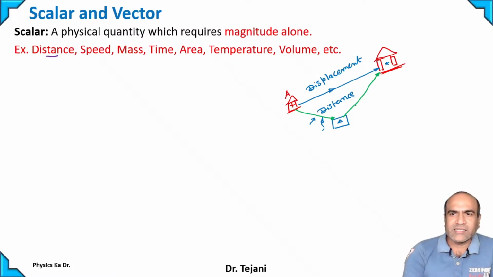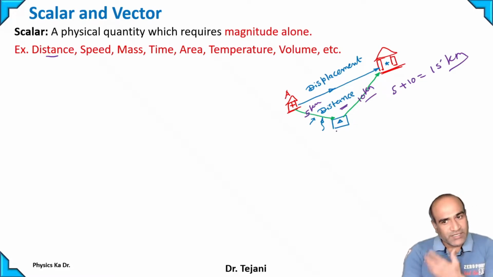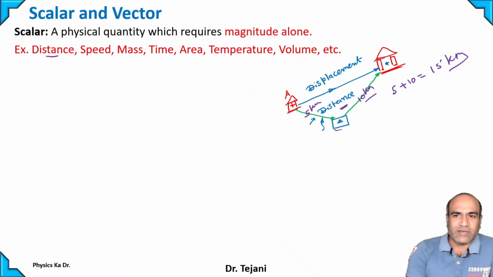See, distance requires only the total. Say for example, this is 5 kilometer and that distance is 10 kilometer. So when we talk about distance, total 5 plus 10 is equal to 15 kilometer. If she traveled via the ice cream parlor, then the distance is 15 kilometer. In this case, she does not require any direction.